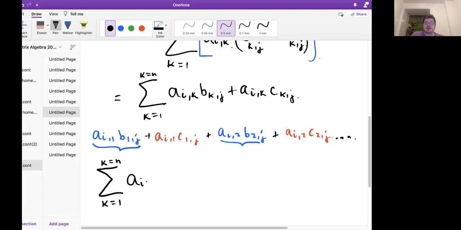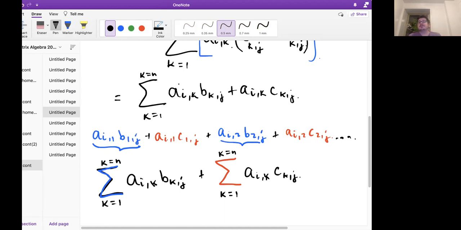So that would be A_ik B_kj. So maybe those are these entries. Now let's take all the ones with A and C and put that into one sum. Even use the same index, A_ik C_kj.